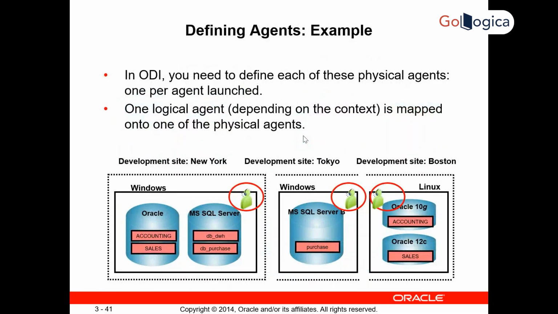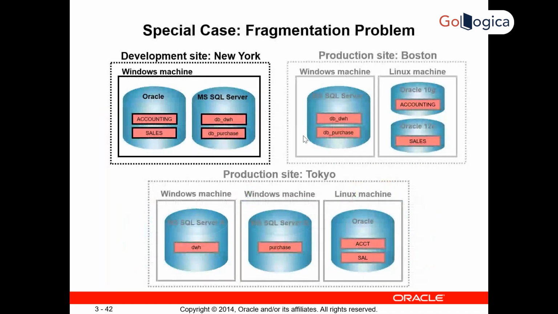In each environment, we need to have one agent required to connect. Like in development, one agent is required, Boston one agent, Tokyo one agent.